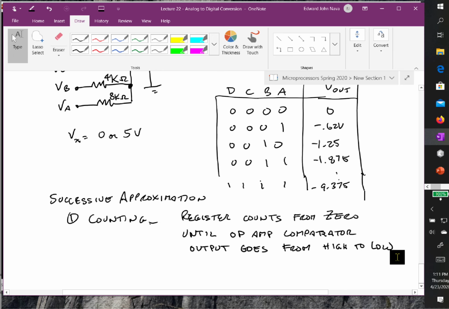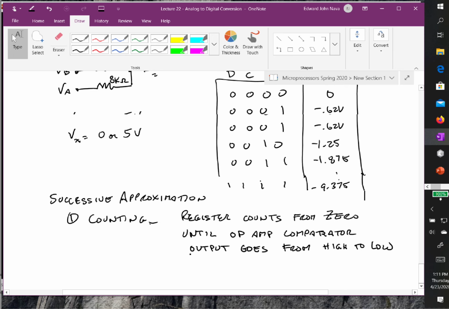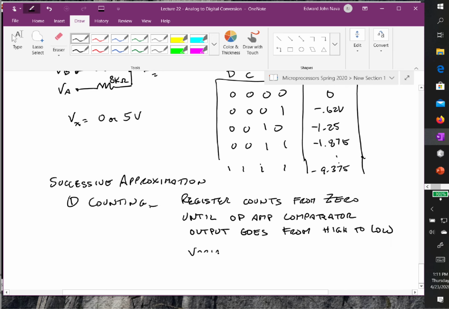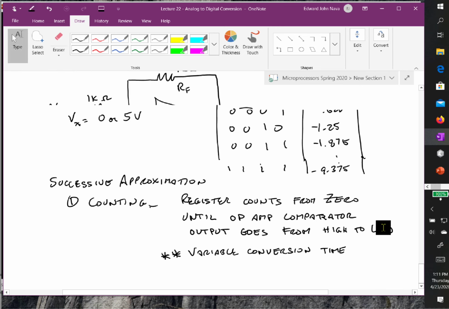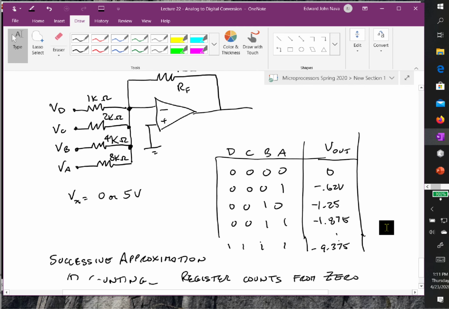So the bad news is this has variable conversion time, which may be very unattractive, may be undesirable. Okay, so this is a bad thing that we talk about. So we say, all right, well, how might I do it otherwise?